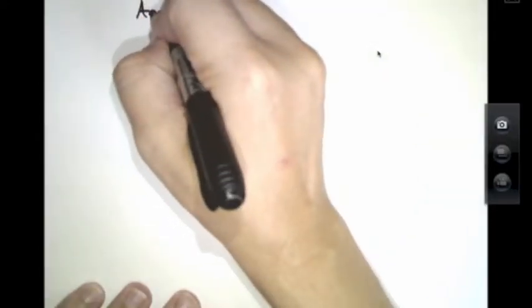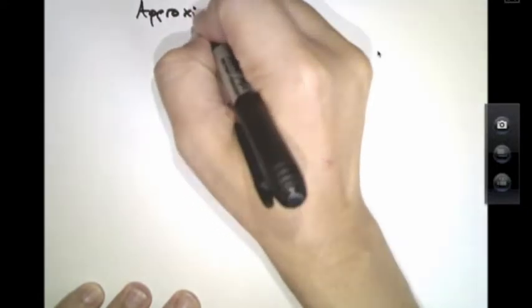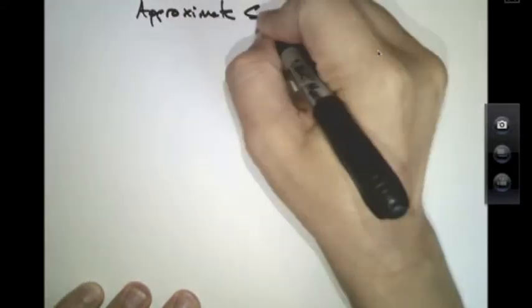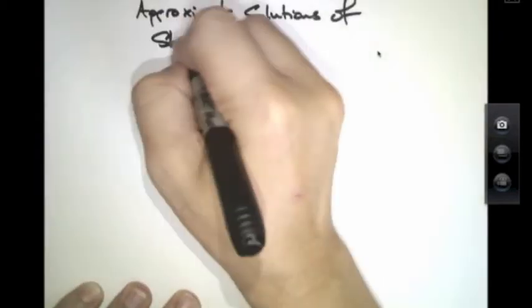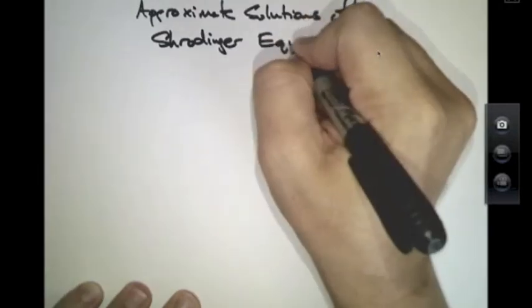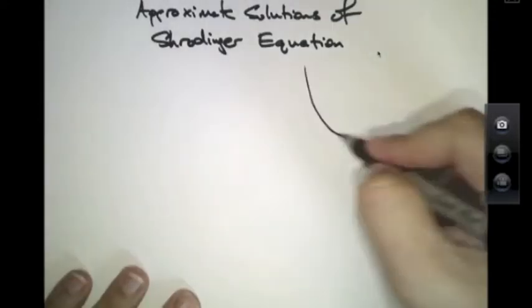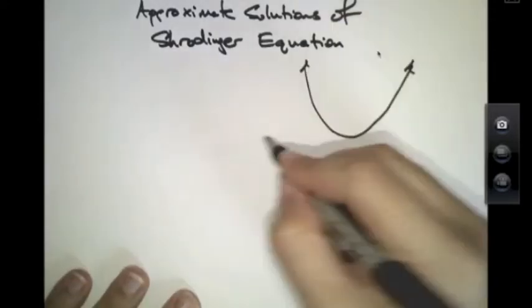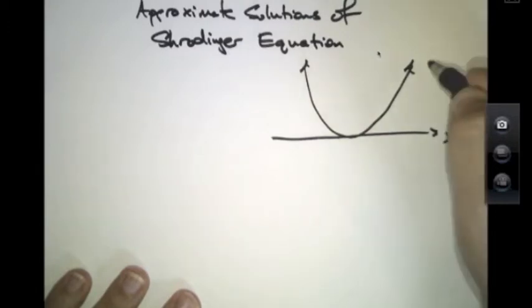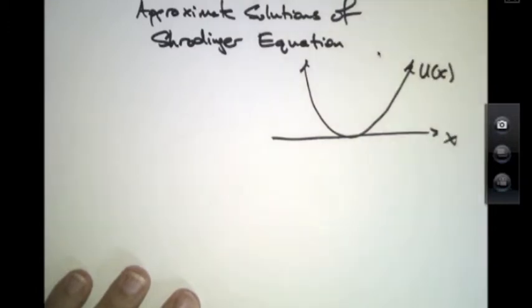Next, we're going to work through approximate solutions for the Schrodinger equation. Looking at the case of finite potentials, if we think about some arbitrary potential like this as a function of x, this might be U of x.